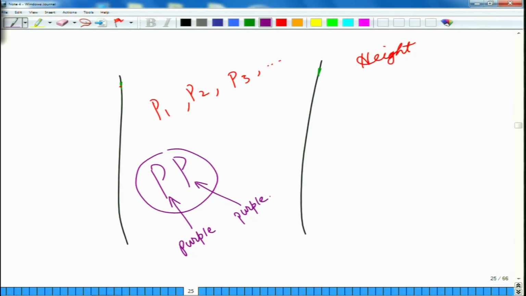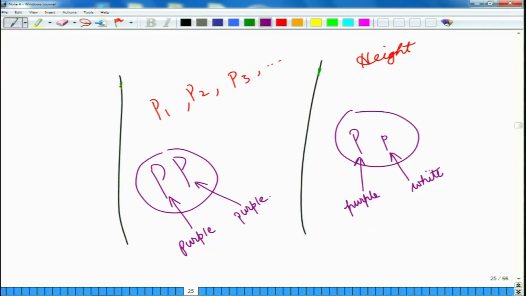In case this individual had, suppose, a capital P from one parent and a small p from another parent, we would say that this is a purple allele and here we have a white allele, both of which are coding for the same trait, that is the color of the flower.